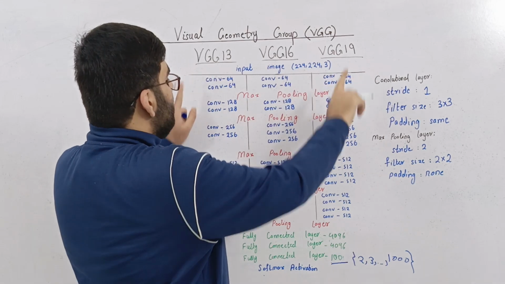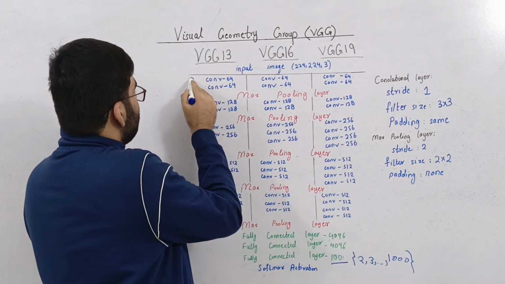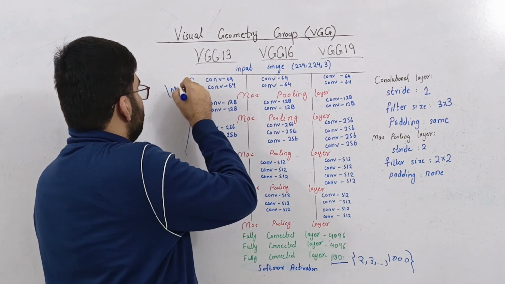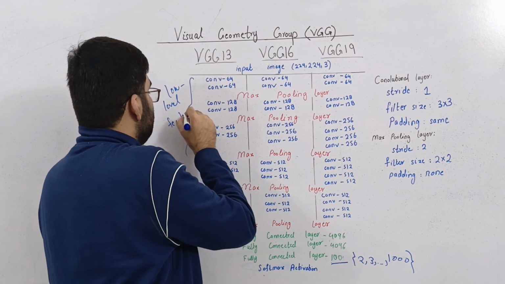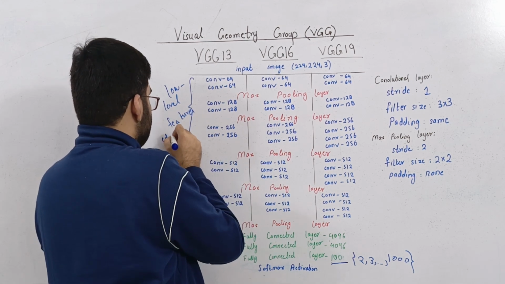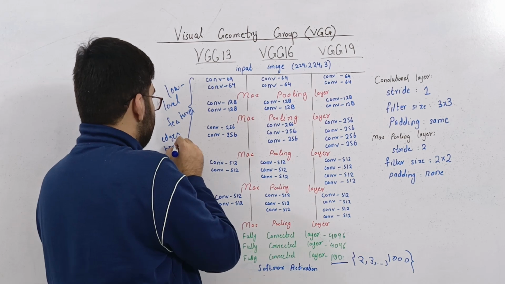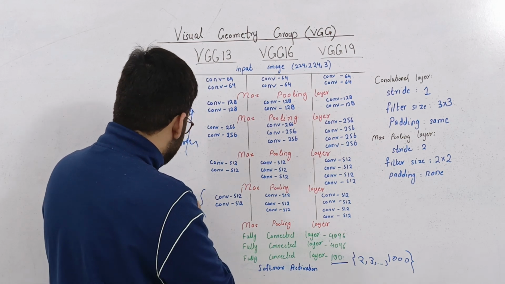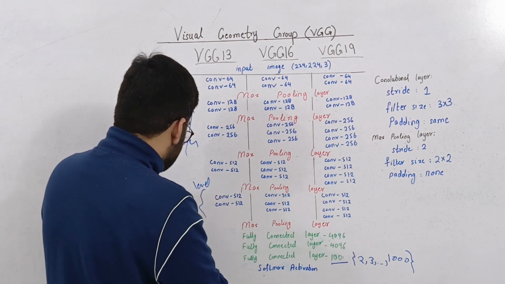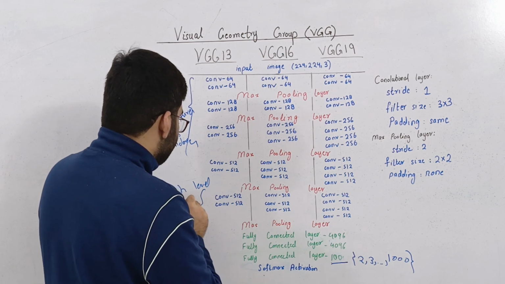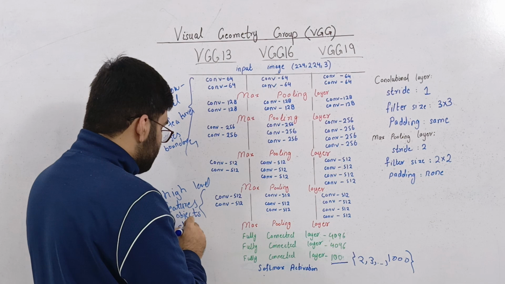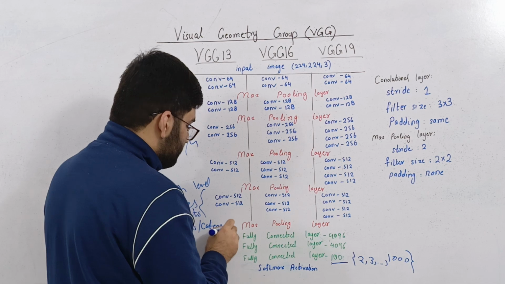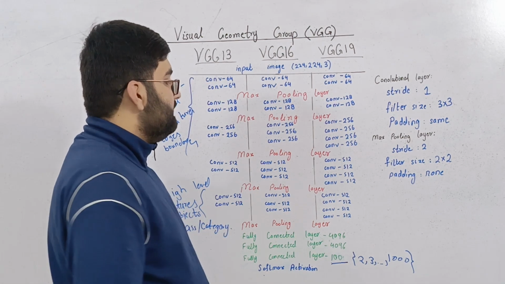If you look at this whole architecture, the first layers calculate low level features, which means the edges, the boundaries, etc. And the last ones calculate high level features such as the objects in the image or the class of the image, also called the category of the image. So this was the architecture of the VGG network.